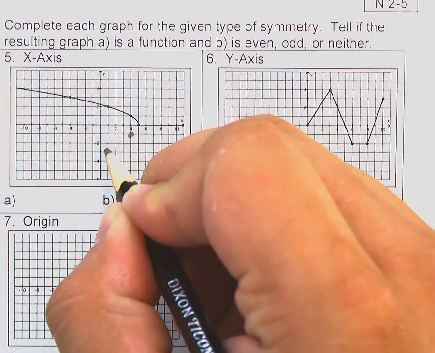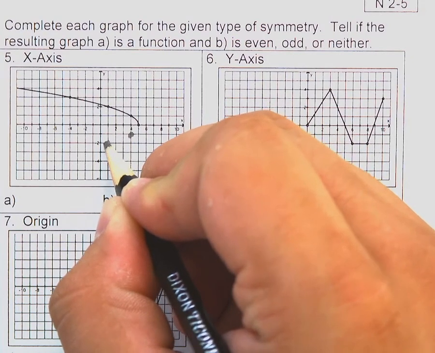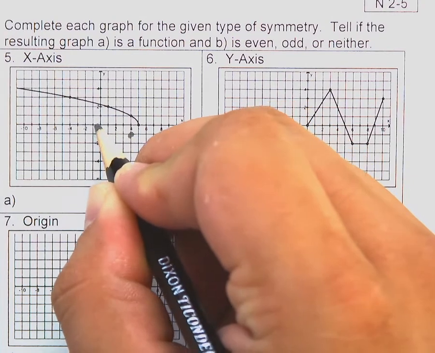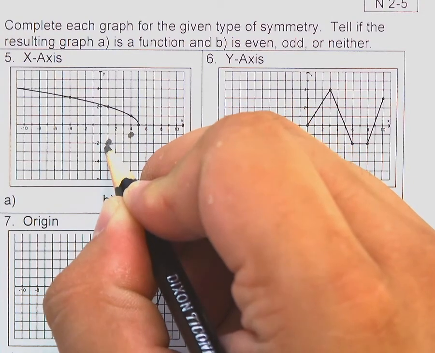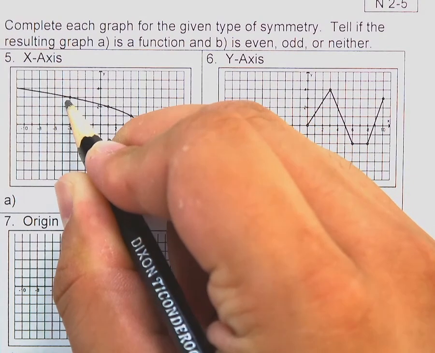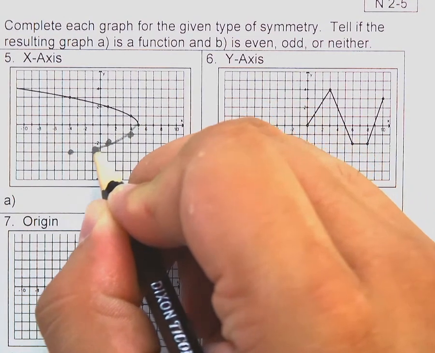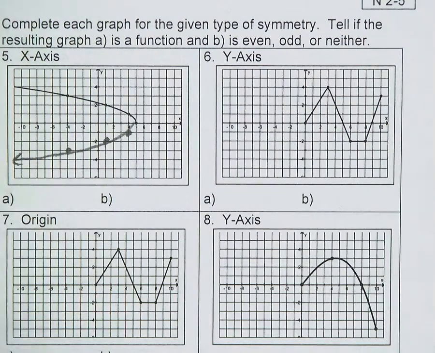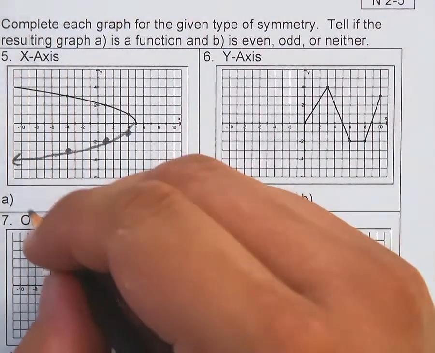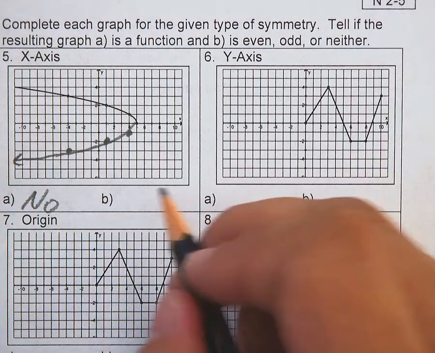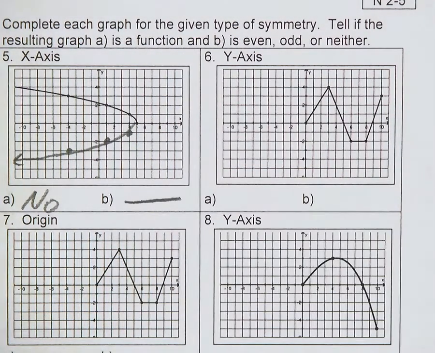So I want you to reflect all of these points across. Instead of 4, 1, it's 4, negative 1. Instead of 1, 2, it's 1, negative 2. Instead of negative 4, 3, it's negative 4, negative 3. On and on and on. Is it a function? No. Even, odd, or neither? It's an x-axis symmetry, so neither.